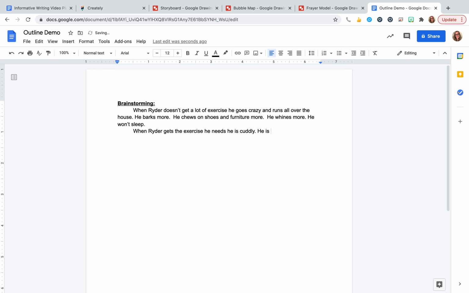He is more fun to be around. Ooh, one thing I forgot. He's still a puppy, so he still bites sometimes. When he doesn't get his exercise, he bites a lot more. When he gets the exercise he needs, he doesn't really bite. He doesn't bark as much.